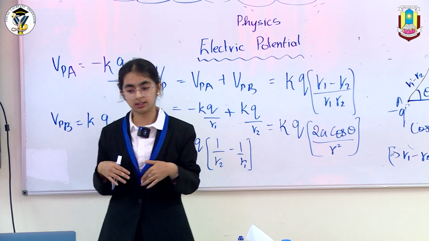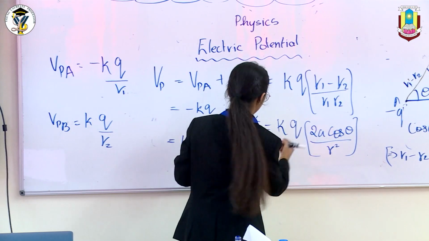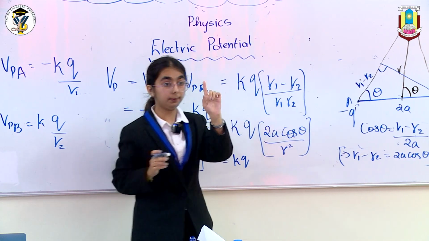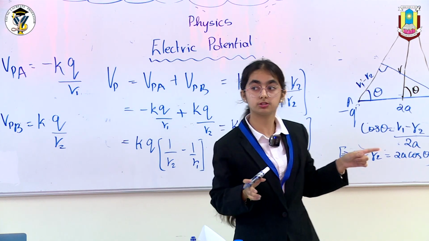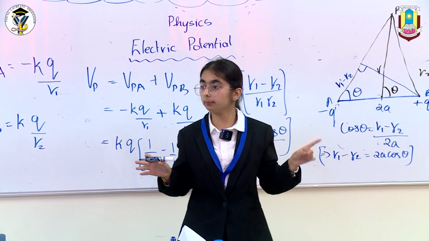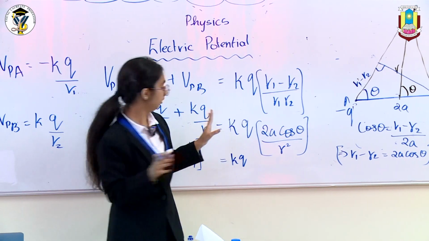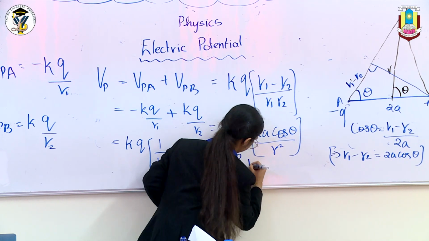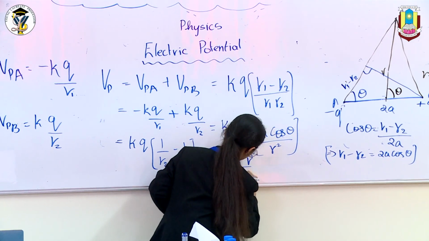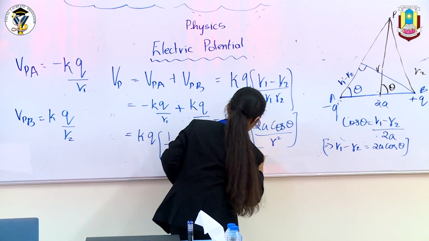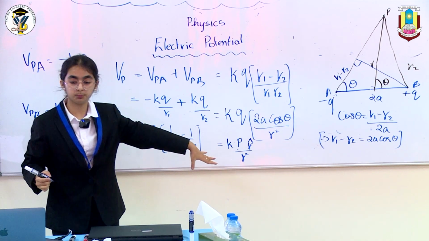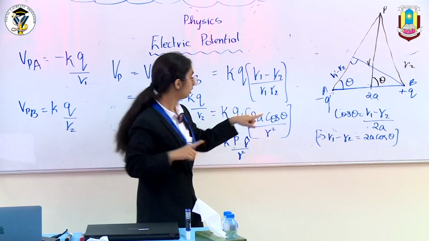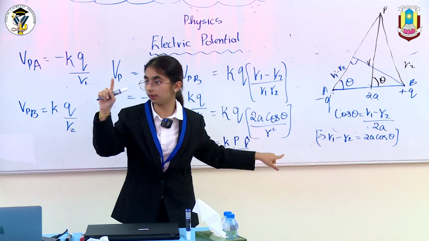Now we can write this equation in vector form, which becomes kq, where the dipole moment is equal to 2aq. We remember, right? We studied it before. Then we can write r cap by r square. This is the vector form. Here r cap is 1, and cos theta comes from the dot product.